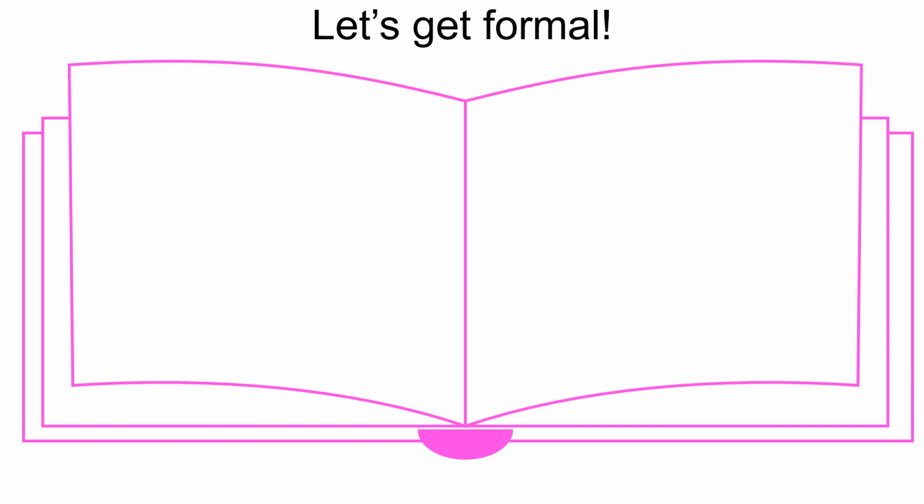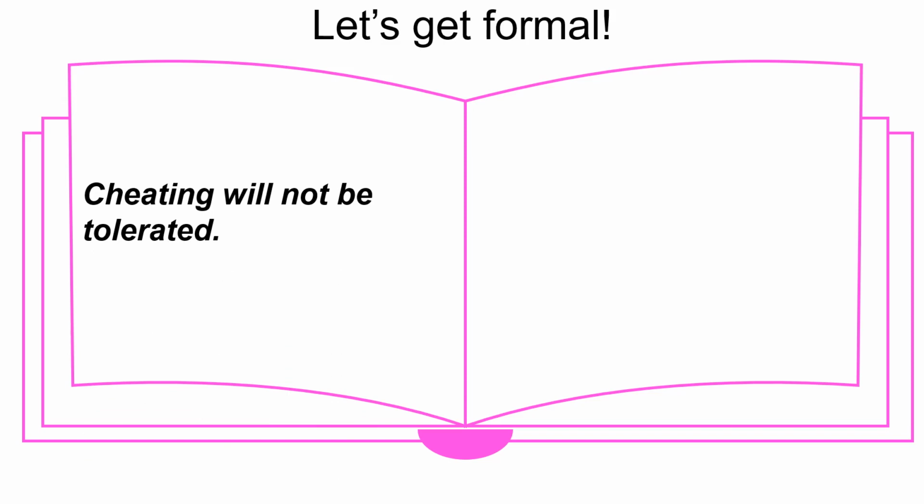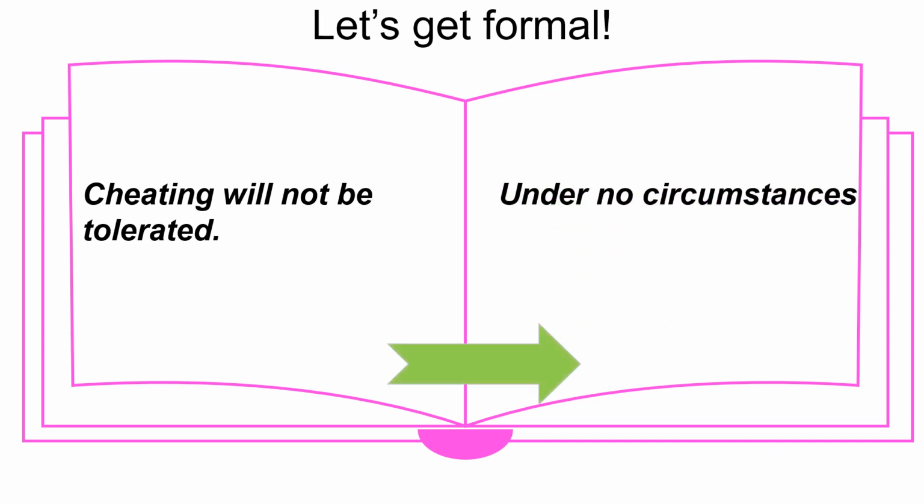Now let's turn a non-formal sentence into a more formal sentence. We have the sentence, cheating will not be tolerated. How can we turn the sentence into a more formal sentence using inversion, starting with the words under no circumstances?